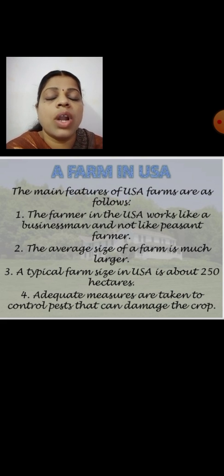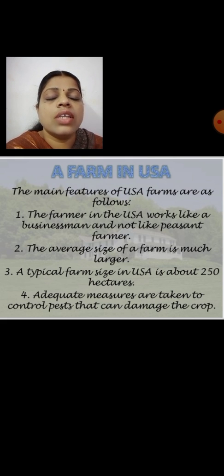The second one is the average size of a farm is much larger. If we compare with the farming size of our country, that is much larger than our country.